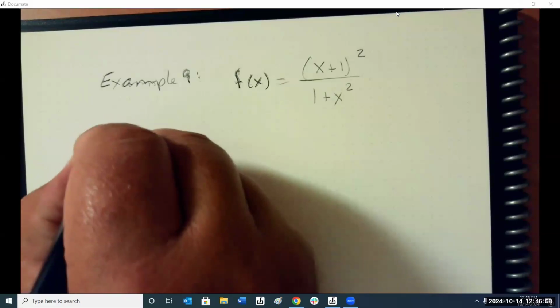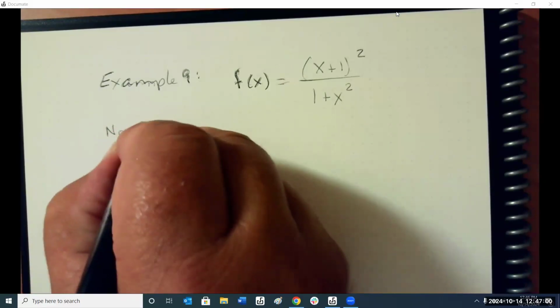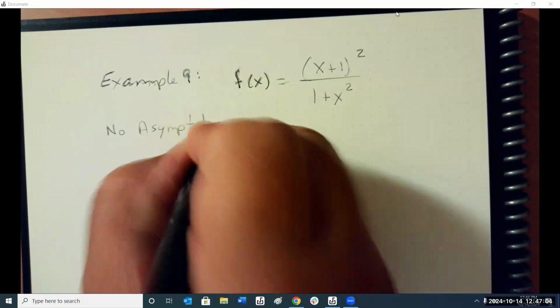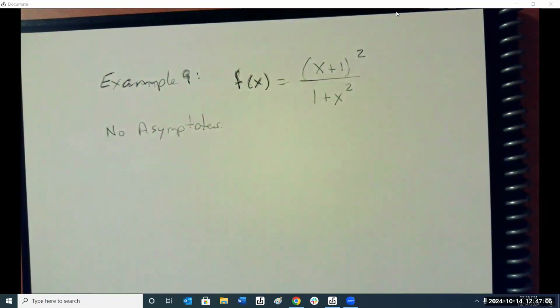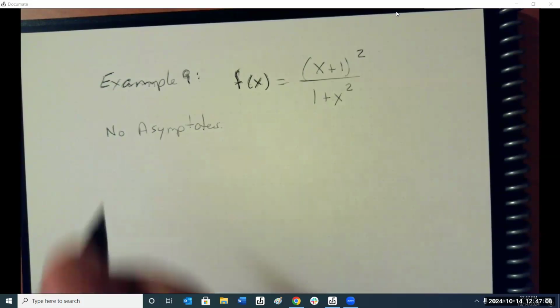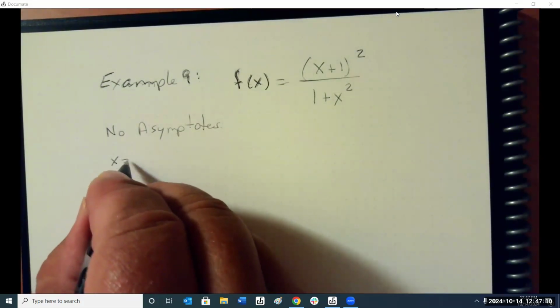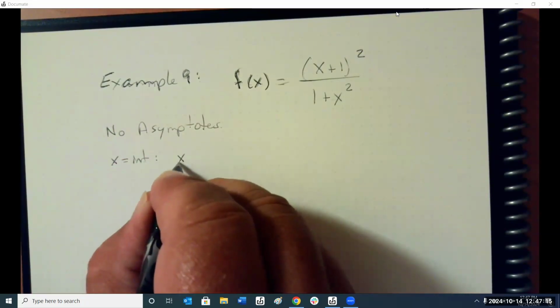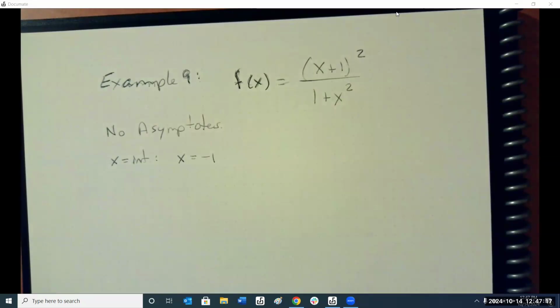So there are no asymptotes. The x-intercept is at x equals negative 1.